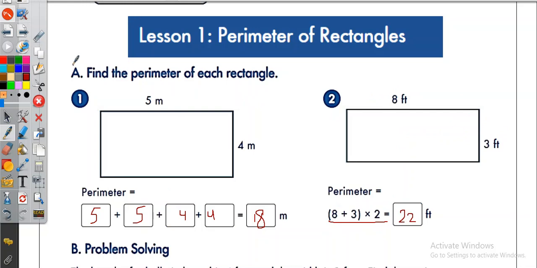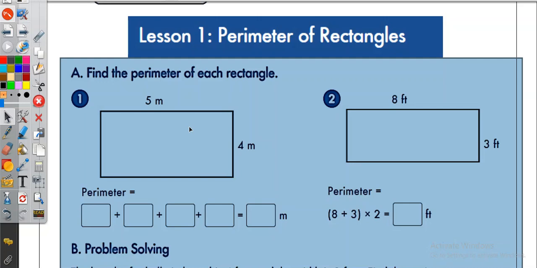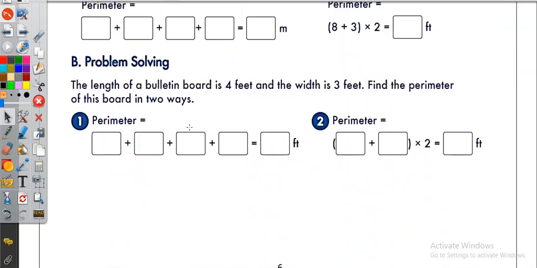Okay, for the next question now. Problem solving. The length of a bulletin board is 4 feet and the width is 3 feet. Find the perimeter of this board in 2 ways.